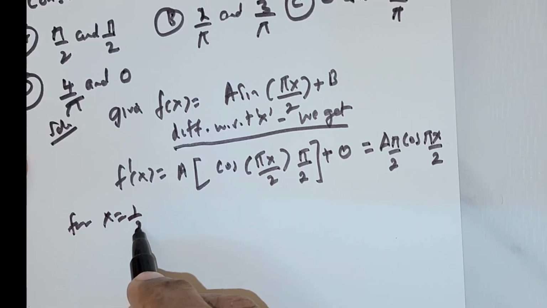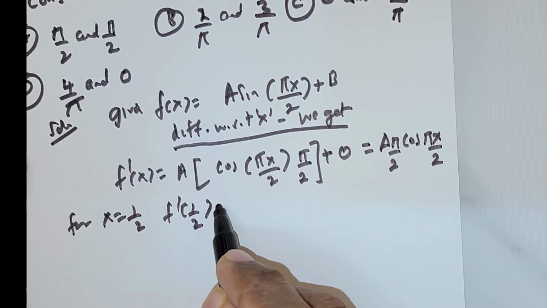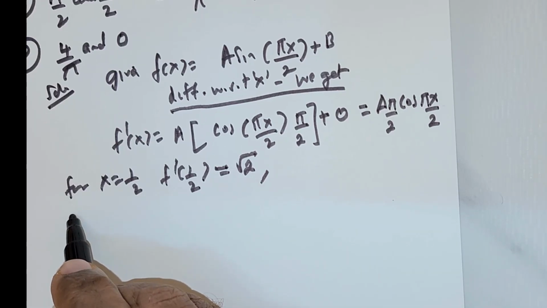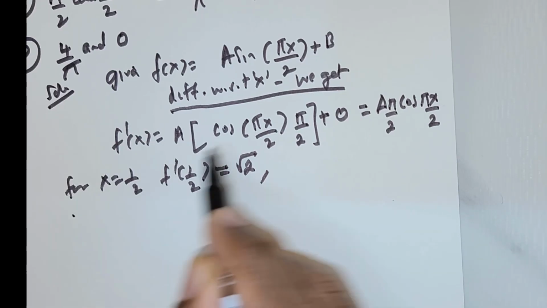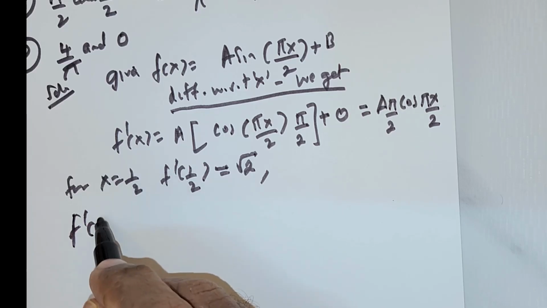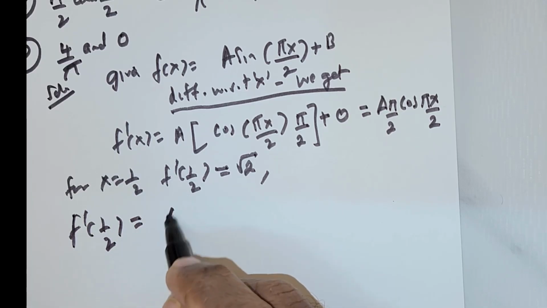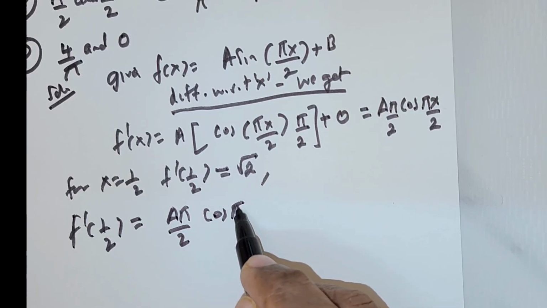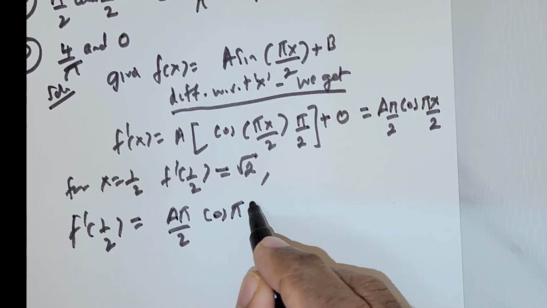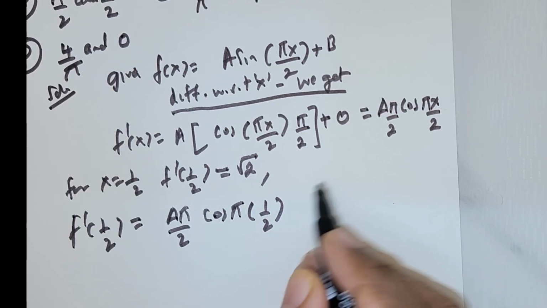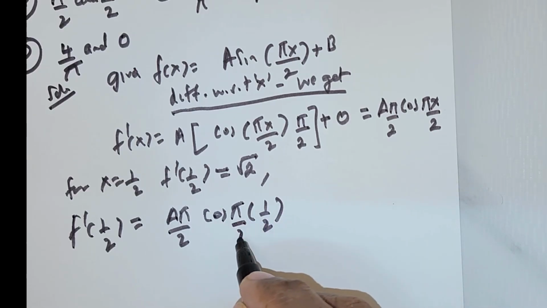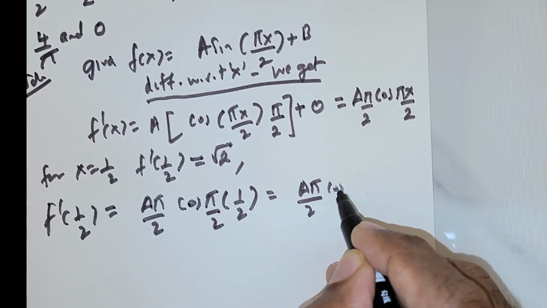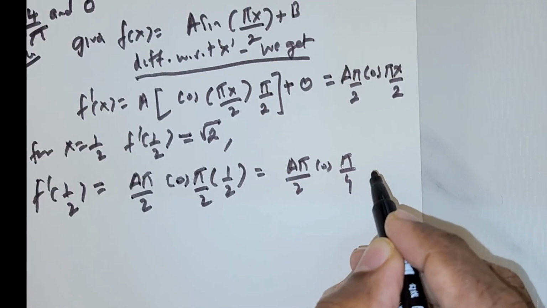Now for x is equal to 1 over 2, f dash of 1 over 2 is given to be root of 2. So if I substitute 1 over 2 here, I would get a times pi over 2 cos of pi x, with x is 1 over 2, but there is already a 2 there. So this is going to be a times pi over 2 cos of pi over 4.